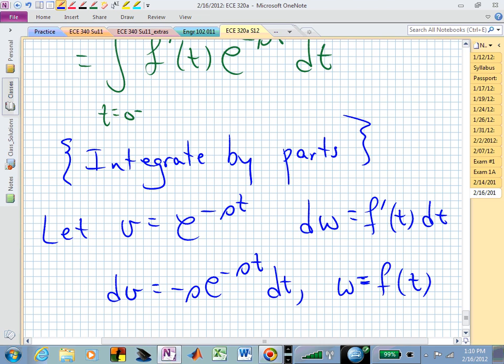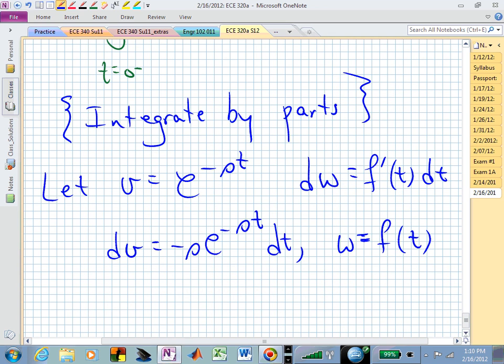We started with v dw. Now we're going to get that equal to, by parts, vw minus the integral of w dv, right? So this now becomes what we need.